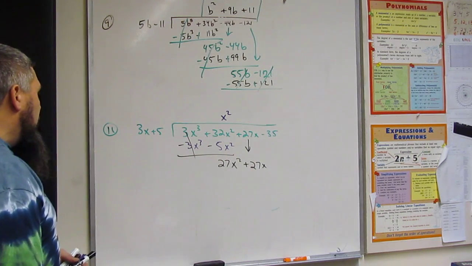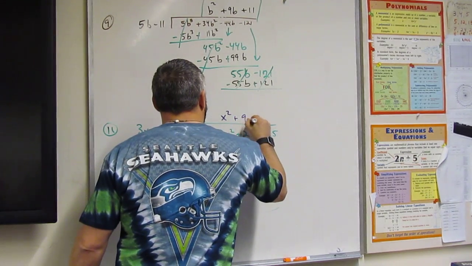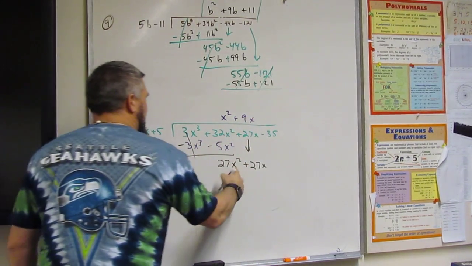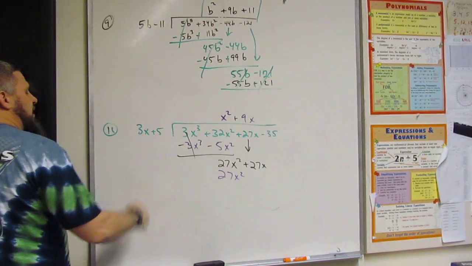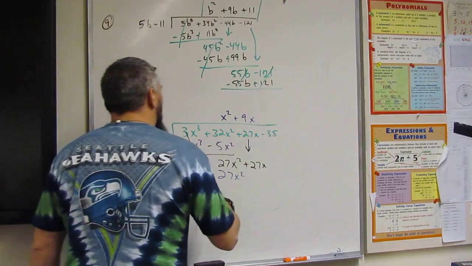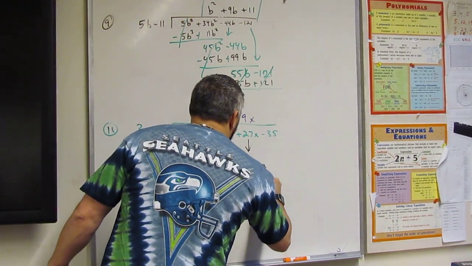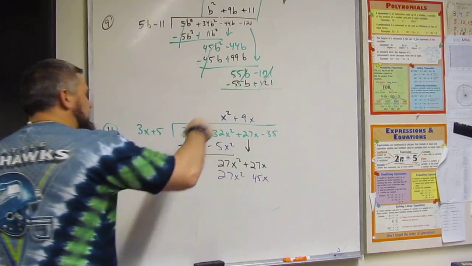Okay? All right, so we know it's a 9 and we need another x because x times x is x squared. So we got 27x squared. 9 times 5 is 45x, right? And then that's a positive 2, right?